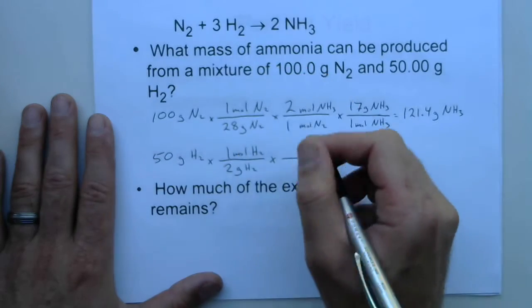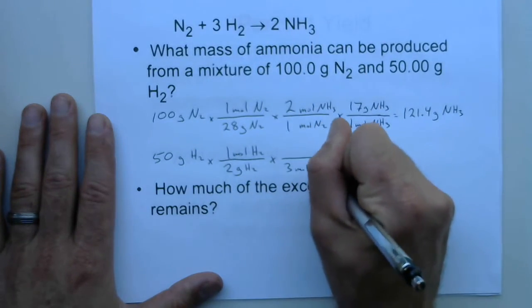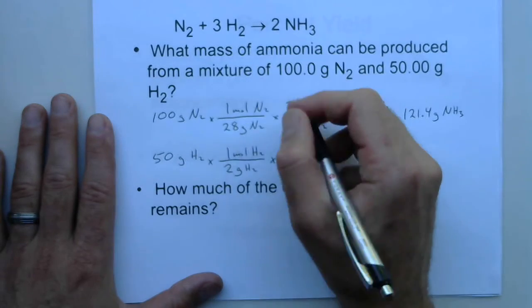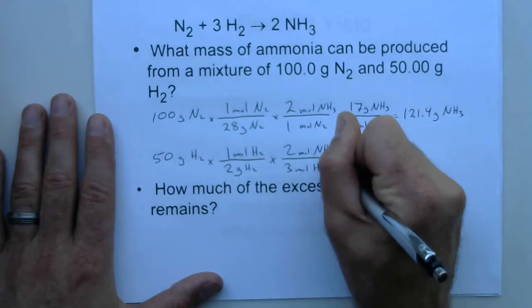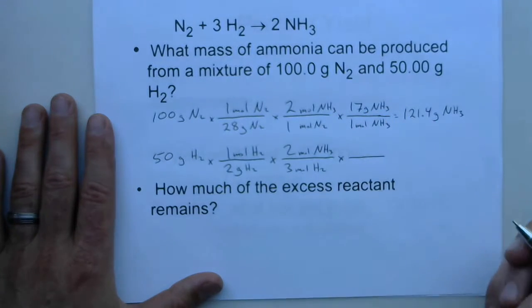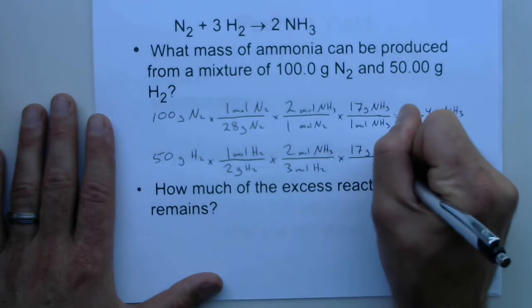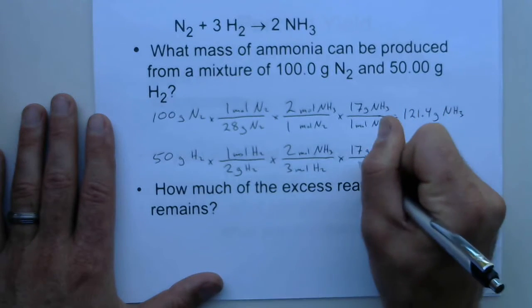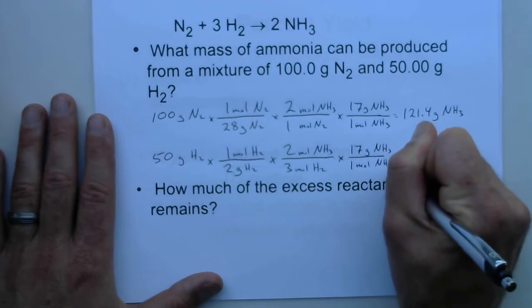And then from the balanced equation, 3 moles of hydrogen are required to produce 2 moles of ammonia. And then changing it back into grams, same molar mass we had up here, 17 grams of ammonia for every 1 mole of ammonia.